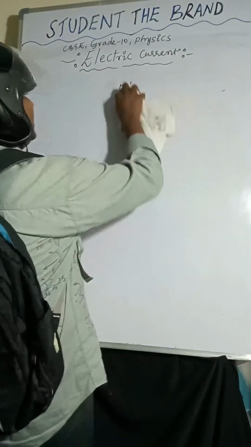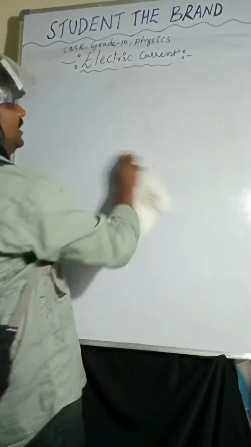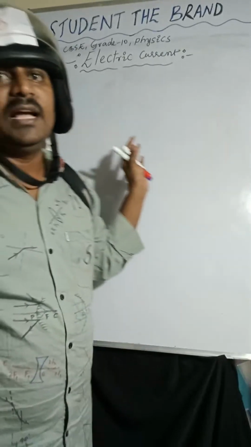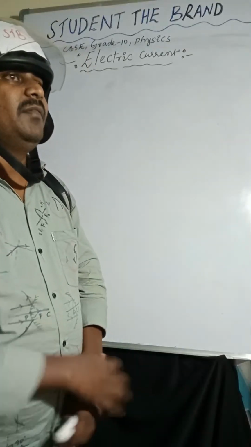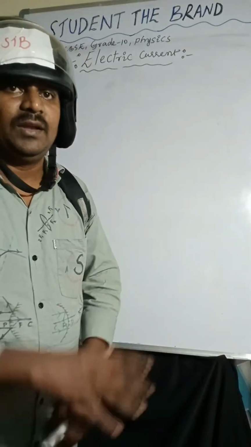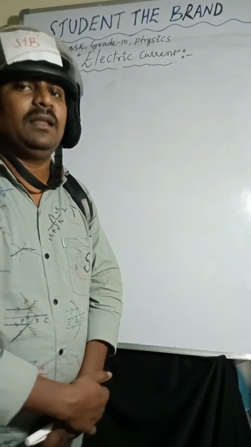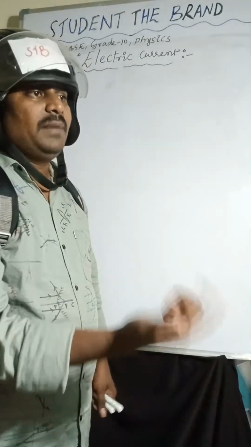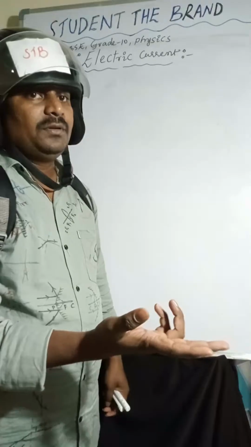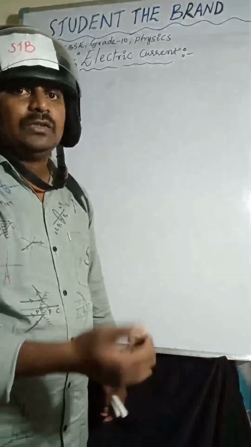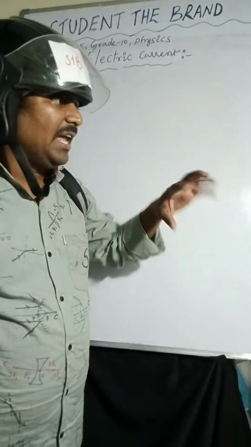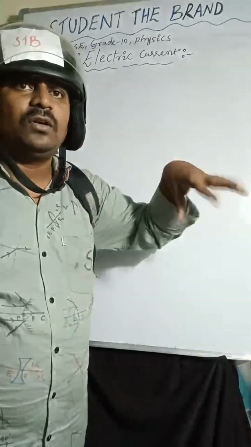They will ask you to draw the diagram, giving electrical appliances like a cell, battery, bulb, ammeter, voltmeter, switch. You have to draw the diagram.